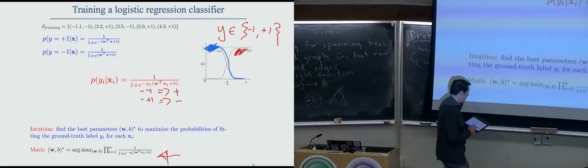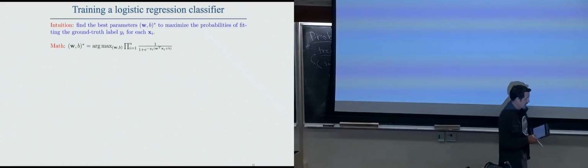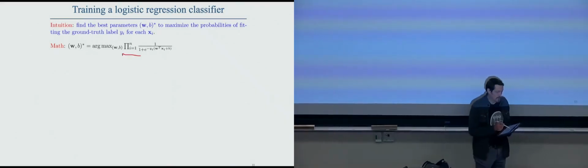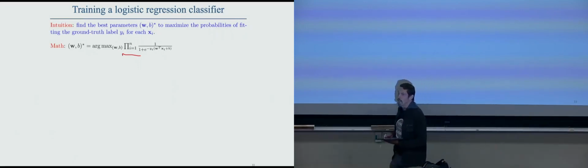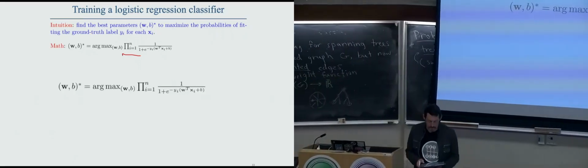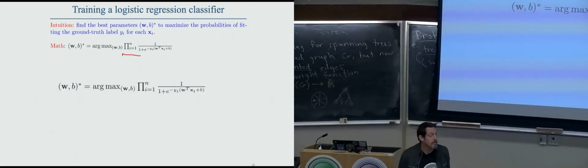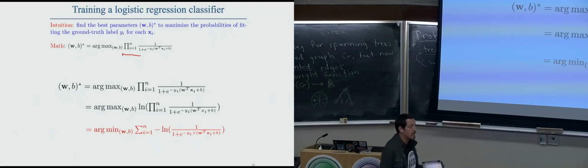Okay, so let's bring it home. This is our product of probabilities. We hate products. They're annoying. They're not computationally efficient. So let's do some monotonic transformations to remove products and turn it into a sum. If we take the natural log of a product, we can pull that product outside the natural log and turn it into a sum of the logs.